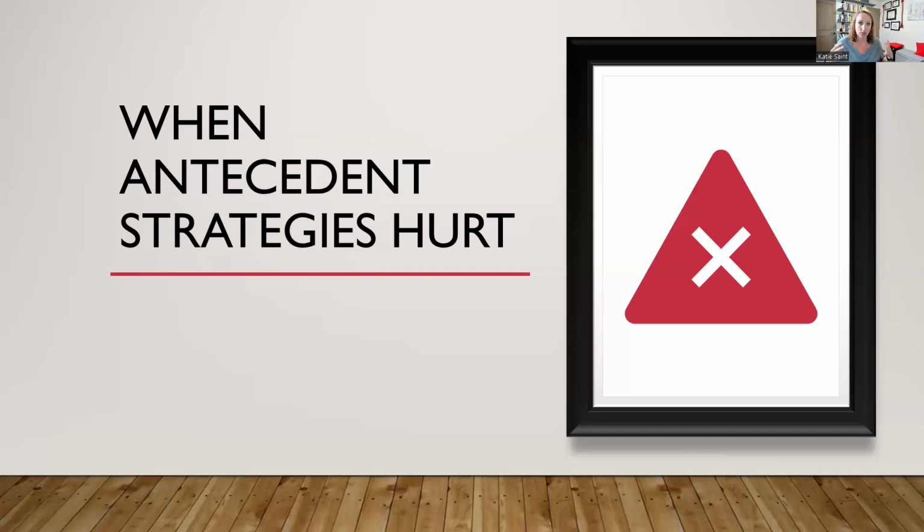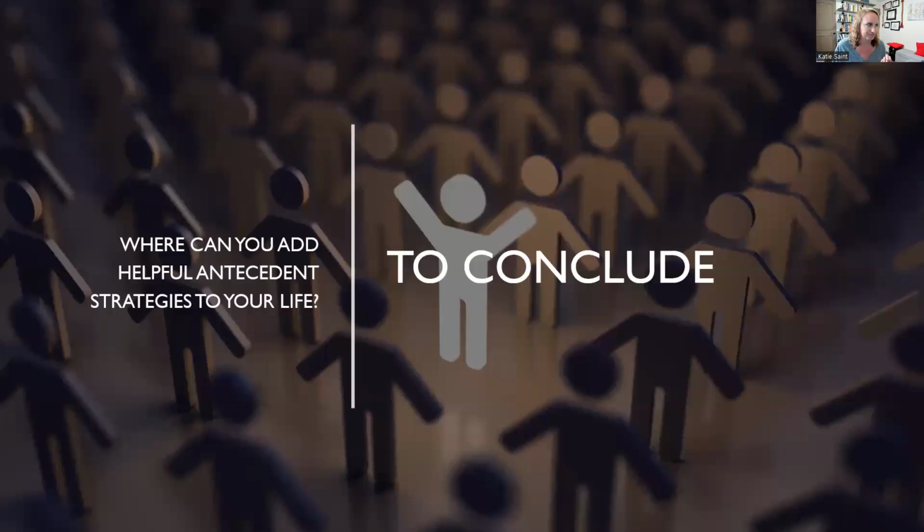Sometimes initially we do a lot of antecedent strategies and set up the environment, we help the child be really successful, and then we slowly fade those supports out so that they can be independent and aren't requiring us to set up the environment in that way. So think through, when you're choosing your strategies, how you want to do it and when you would fade it.